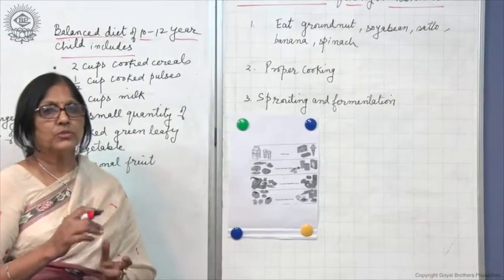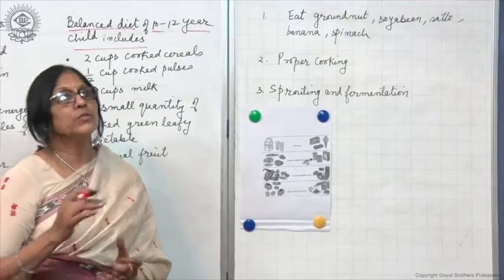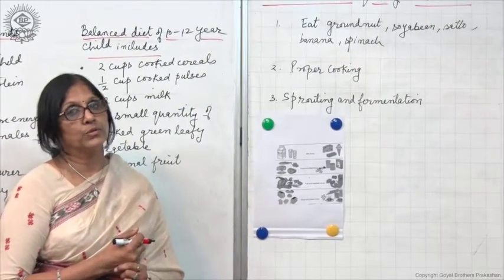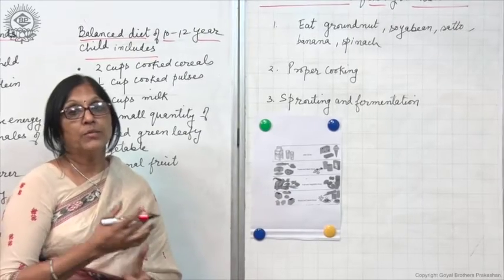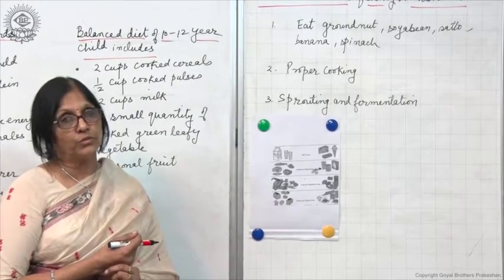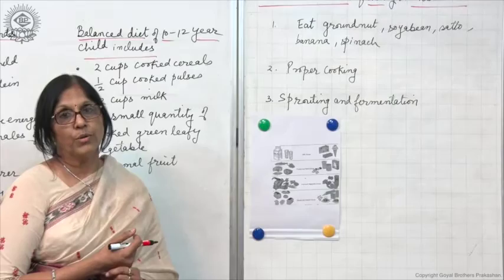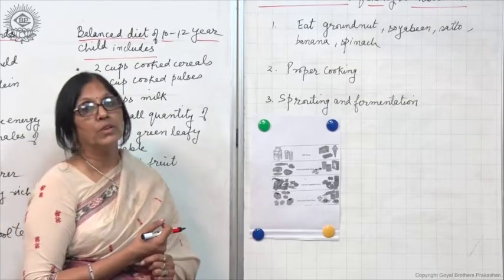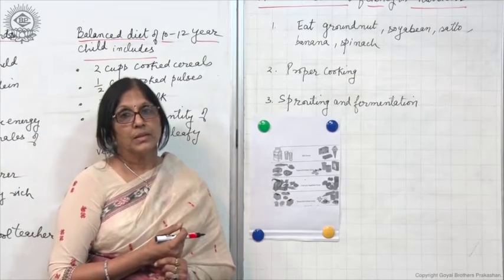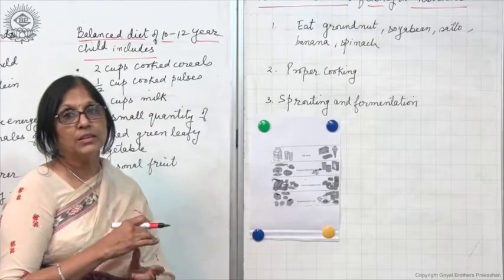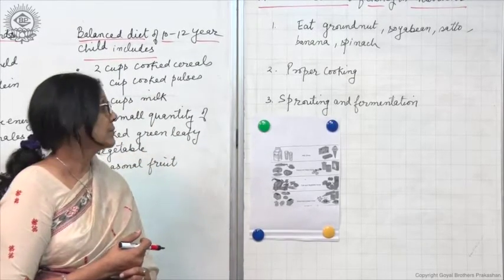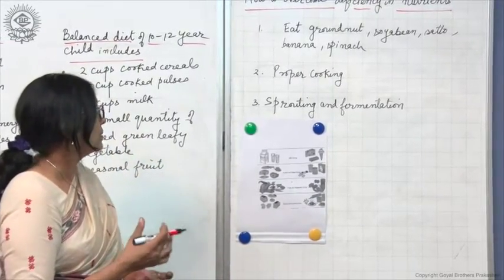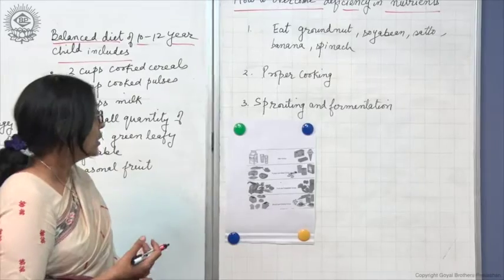Instead, just after peeling, the fruit and vegetable should be washed, and after cutting it should not be washed. And repeated washing of rice and pulses also leads to loss of certain important vitamins and minerals. So, proper cooking is equally important, so that nutrients remain in the food and help you in giving proper energy and all the other things.